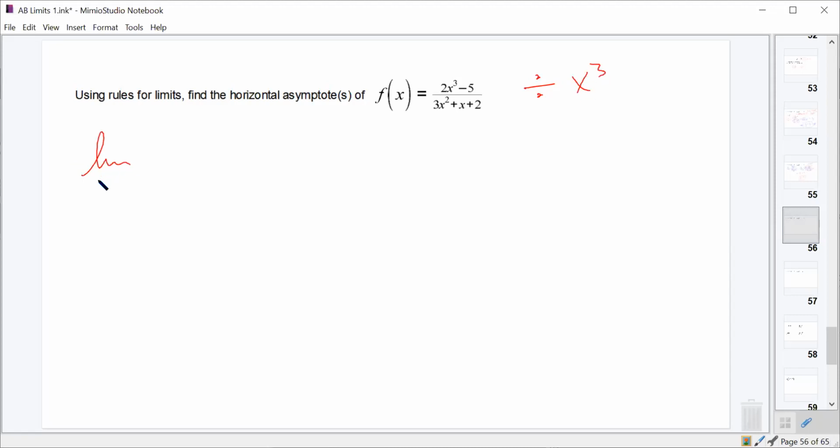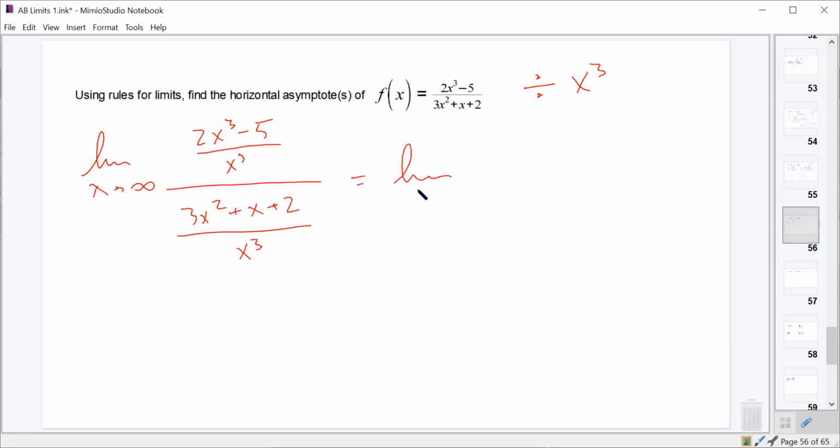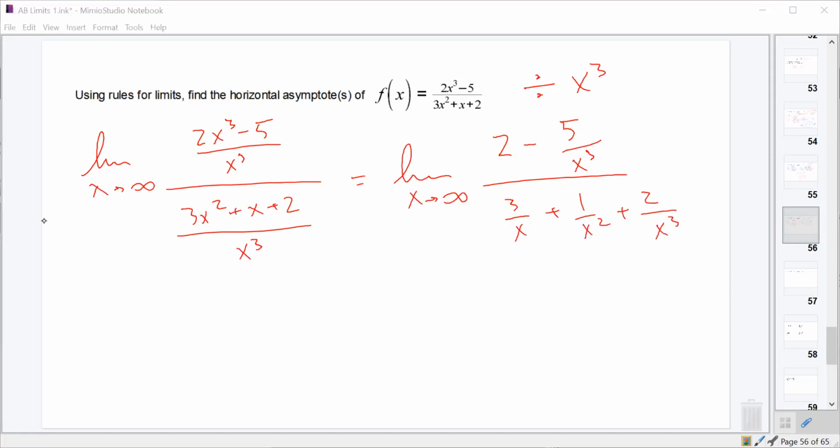So we're going to get a limit as x approaches infinity of 2x cubed minus 5 over x cubed and 3x squared plus x plus 2 over x cubed. Giving us what in the numerator? 2 minus 5 over x cubed. And in the denominator, 3 over x plus 1 over x squared plus 2 over x cubed.